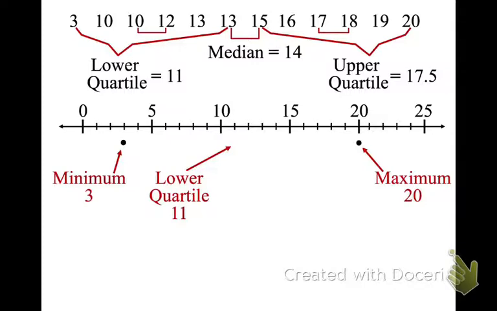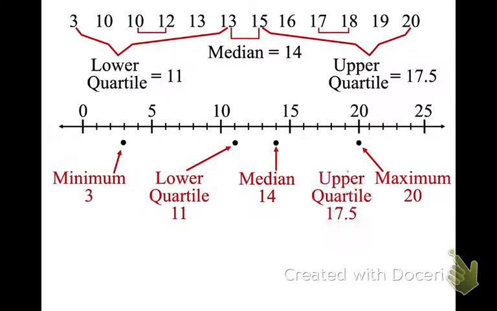And also at the lower quartile, which is 11. And then at the upper quartile, which is 17.5. Now notice for 17.5, these are by 1 unit, so you're going to have to go in between the 16 and the 17 and the 18.